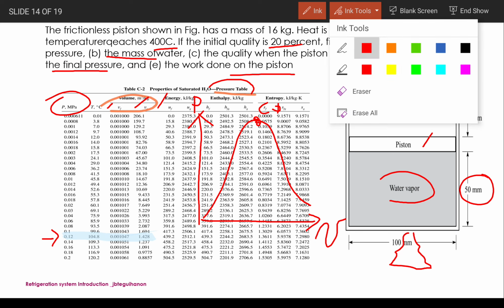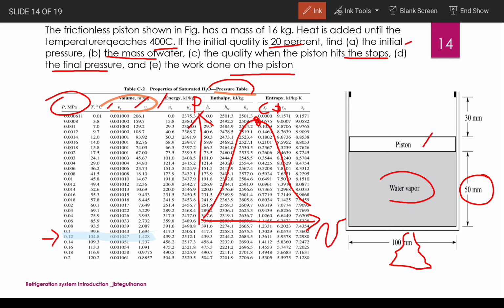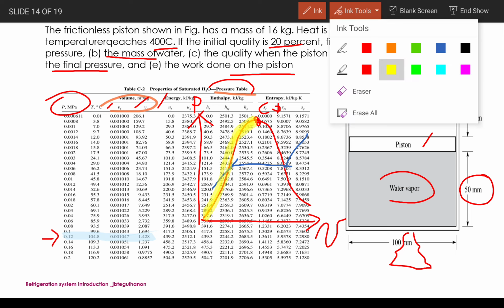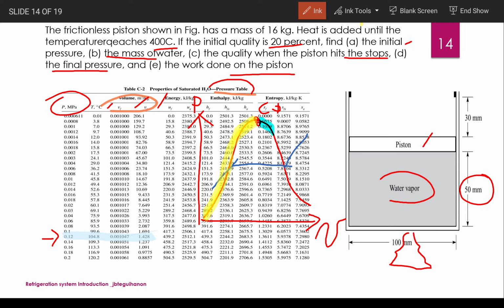And then I'm going to change the color. You have a constant pressure line here. In this area, this is what we call the saturated liquid line, and this line here is your saturated vapor line.